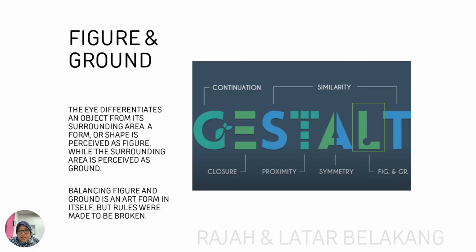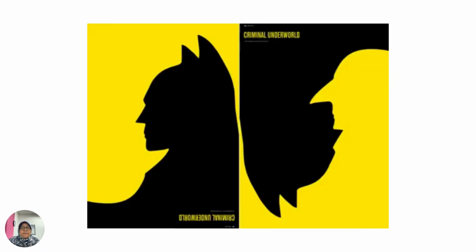Okay, the letter L here. So our eyes can differentiate the straightness and the curves, but we are able to see it as the letter L because of this cool balancing figure. And sometimes rules are made to be broken.